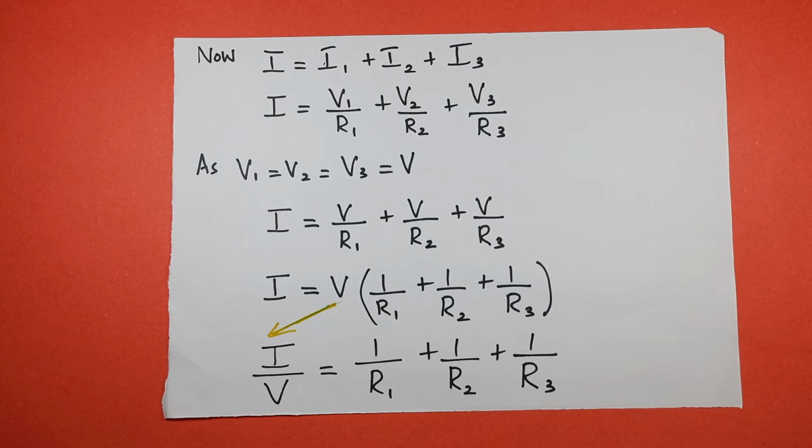The third form is R equal to V by I, so this is the opposite of that: source current divided by source voltage is the reciprocal of equivalent resistance.